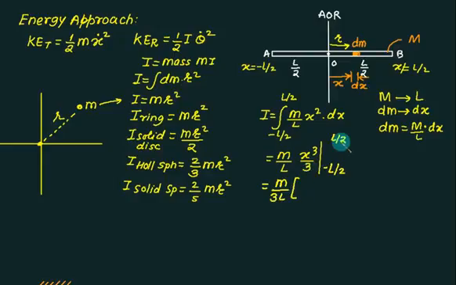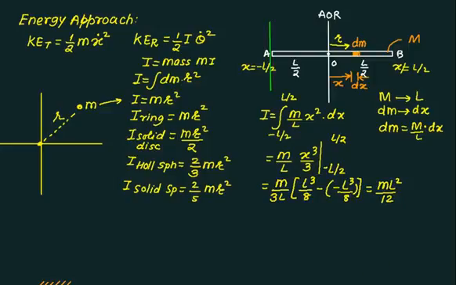First term is L by 2 cube. L by 2 cube is L cube divided by 8. Second term is also minus, so this one is minus, and again minus of L cube divided by 8. You can solve this and you can check out. Your answer is M L square by 12.